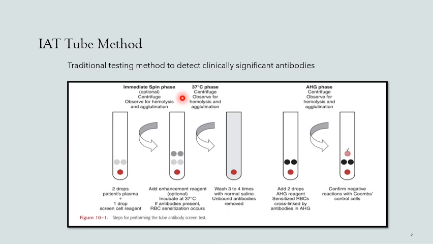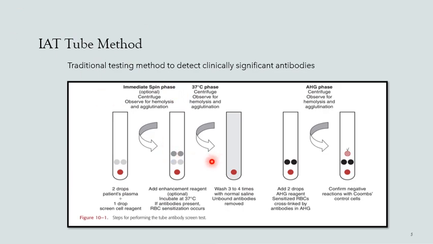So, to observe for hemolysis, tubes should be carefully removed from the centrifuge. Dapat hindi madidislodge yung button. Check the supernatant for pink or red discoloration. For agglutination, gently dislodge the cell button and read the reaction.